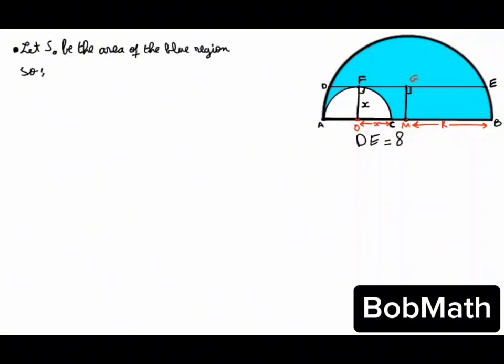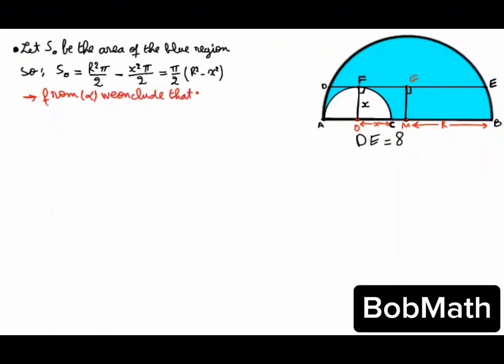So S0 equals R squared pi divided by 2 minus x squared pi divided by 2 equals pi divided by 2 times (R squared minus x squared). So from alpha we conclude that S0 equals pi divided by 2 times 16 equals 8 pi. Therefore, S0 equals 8 pi.